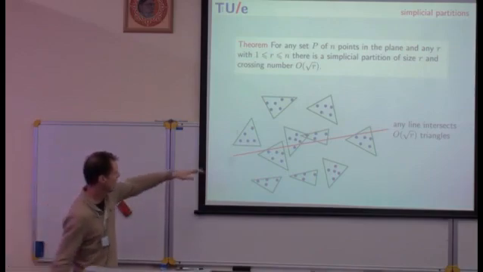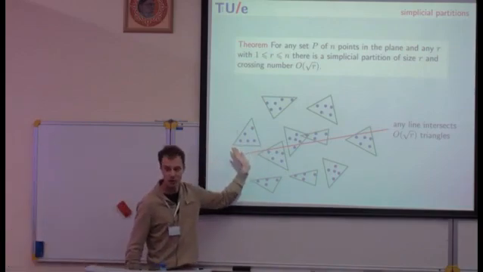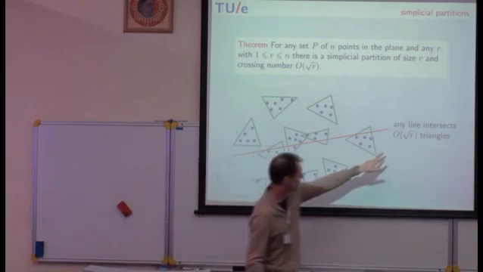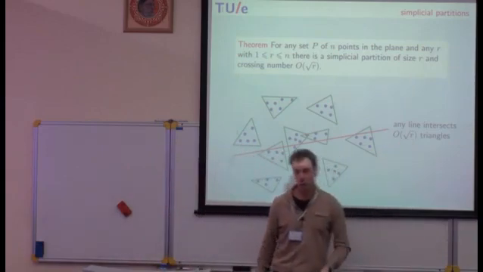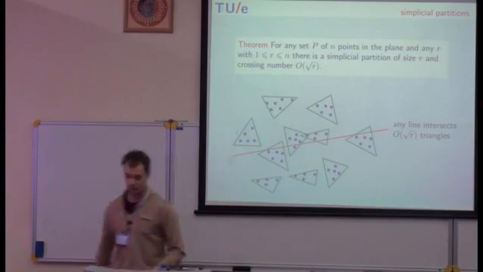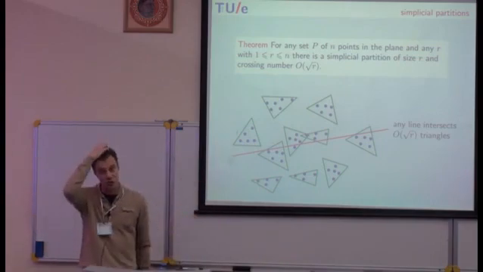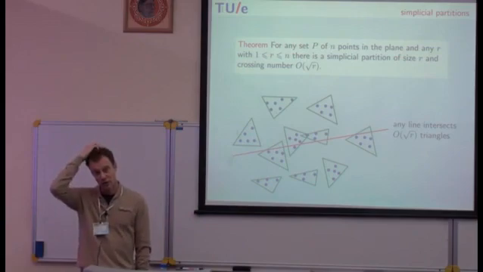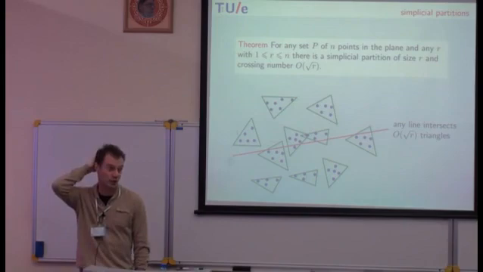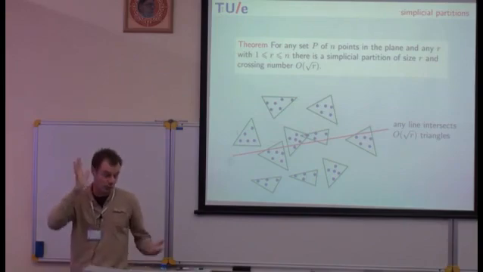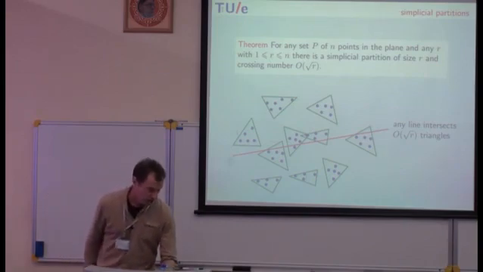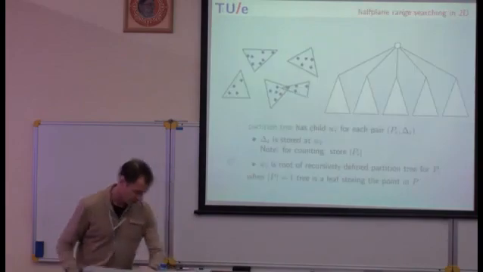And no matter which line you take, you only intersect O of square root of r of the triangles. So you have r triangles, but you only intersect square root of r. So that's, well, fortunately not all of them, and hopefully this will give a good query time. But we'll see what happens in a moment.